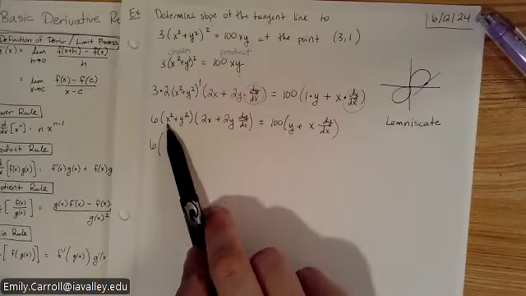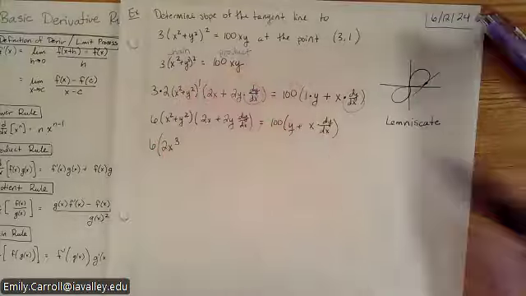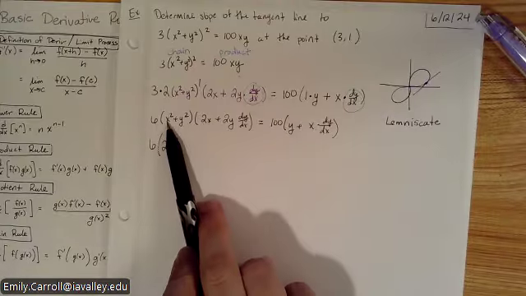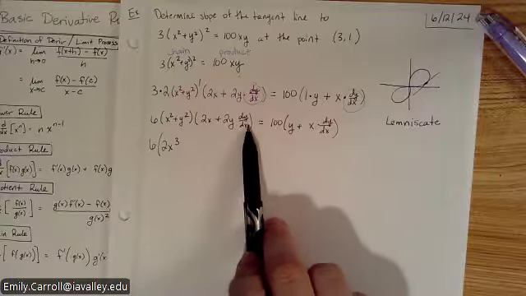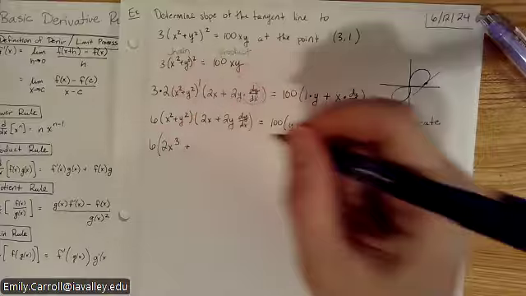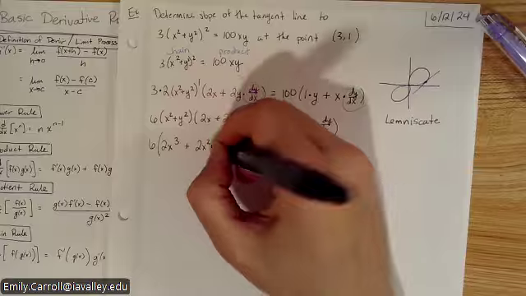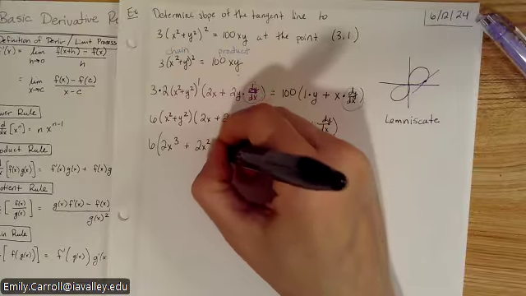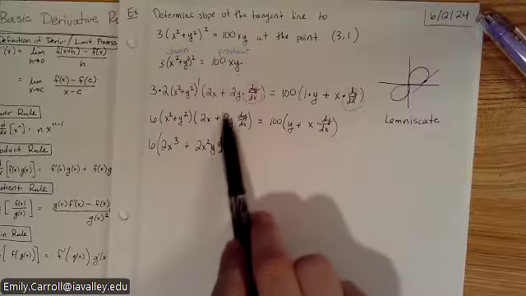We've got first x squared times 2x will be 2x to the third. Outer is x squared times this term here, 2y dy dx. So I'll write that 2x squared y dy dx. So that's this one times this one, that's your outer.